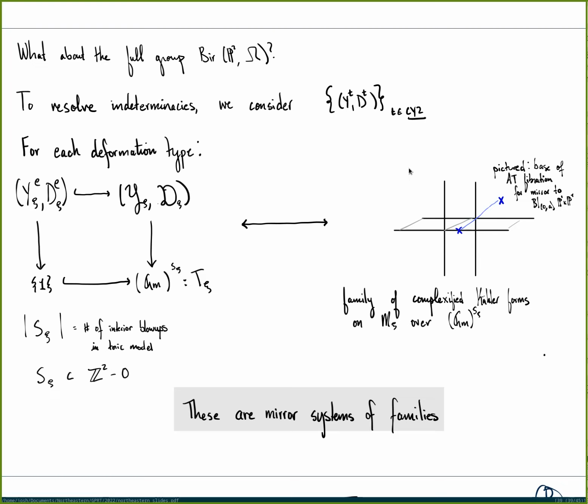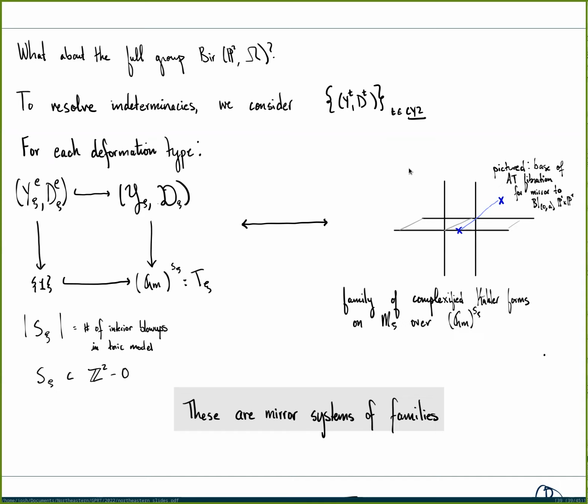On the mirror side, what that corresponds to is deforming the symplectic form. I didn't say this, but all the symplectic manifolds I constructed were exact. In general, in order to see the deformations on the complex side, the mirror on the A side, the symplectic side, you're going to have to start deforming your symplectic form. So you end up with some family of symplectic forms, or complexified Kähler forms, on that M universal.